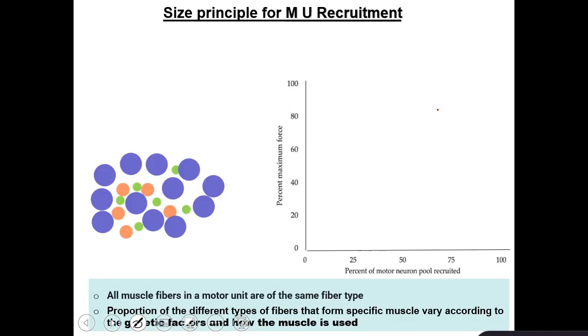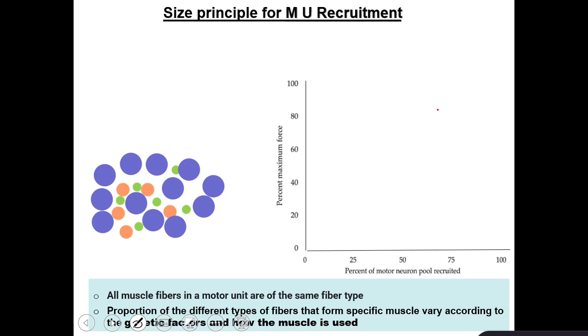When we recruit motor units, we begin with the slow oxidative muscle cells that resist fatigue. They are of low force but can work for a long time, and the neurons supplying them are small in size.